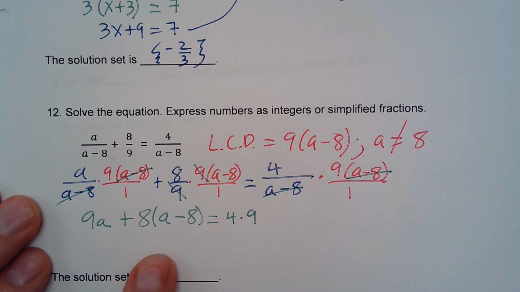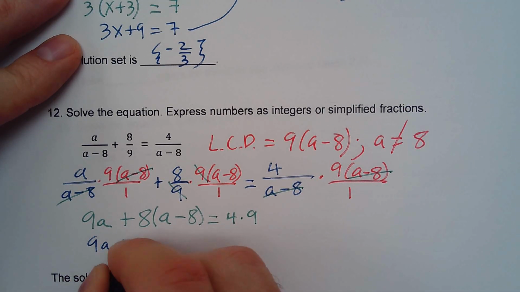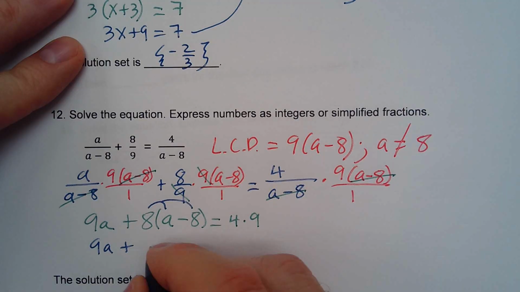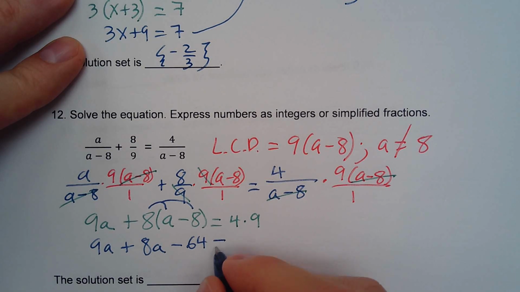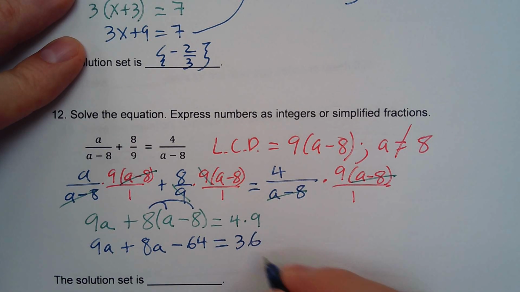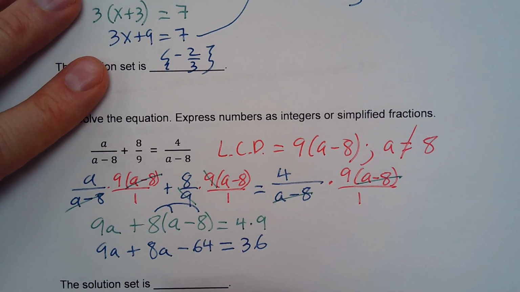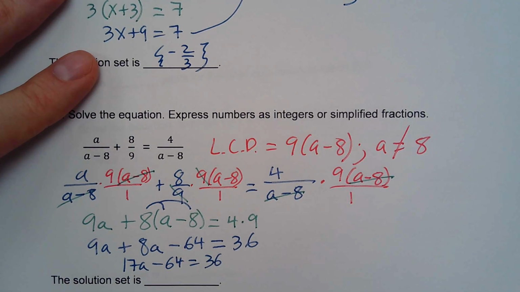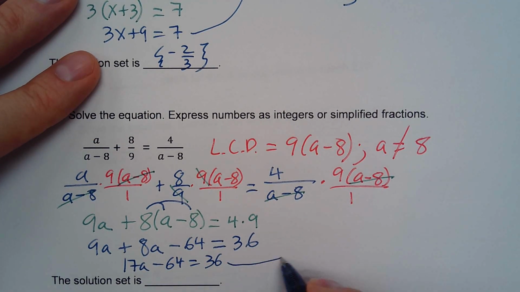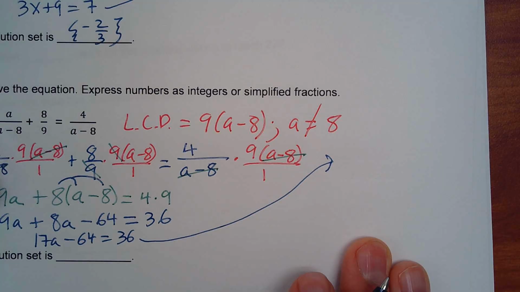So here I'm going to need to distribute. It gives me 8a minus 64. 4 times 9 is 36. Combining like terms, I get 17a minus 64 equals 36. I'm going to bring it up over here because I am desperately running out of space.